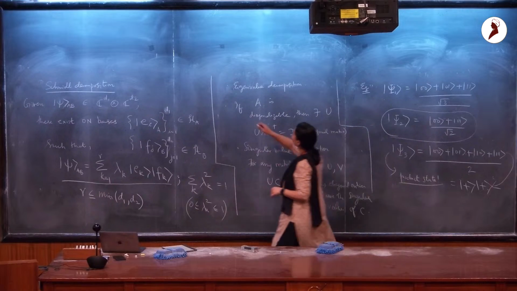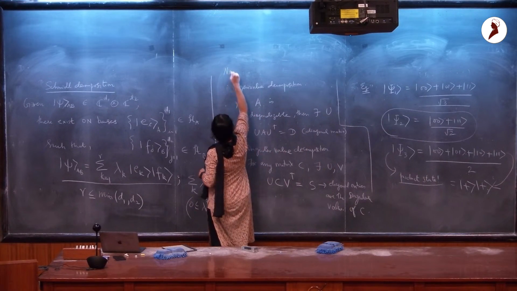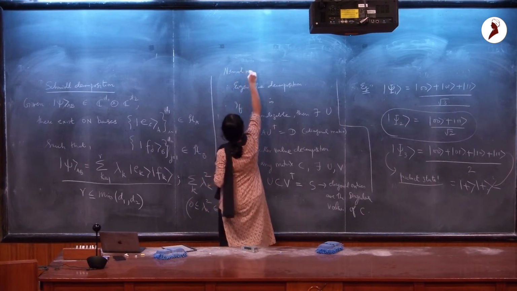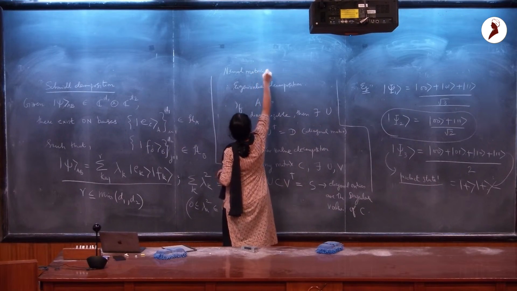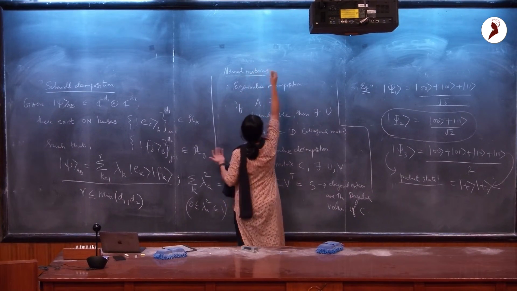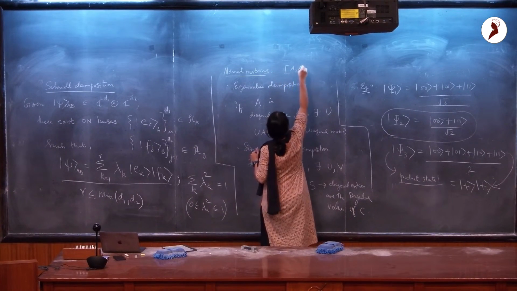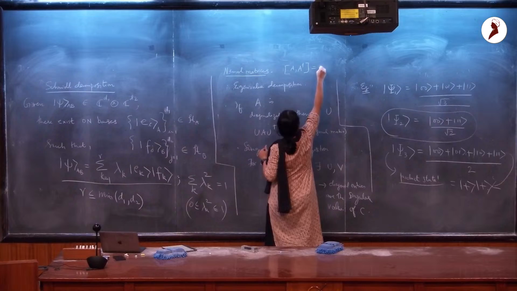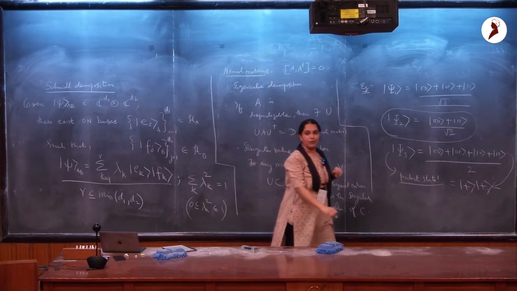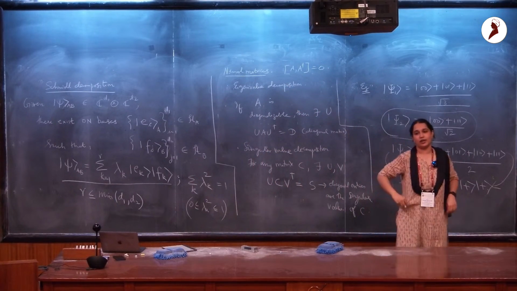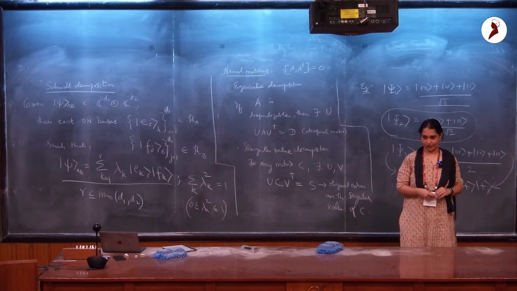Okay, so there are what are called normal matrices, or normal operators in the operator language sense, which is basically any matrix that commutes with its adjoint is called a normal matrix.